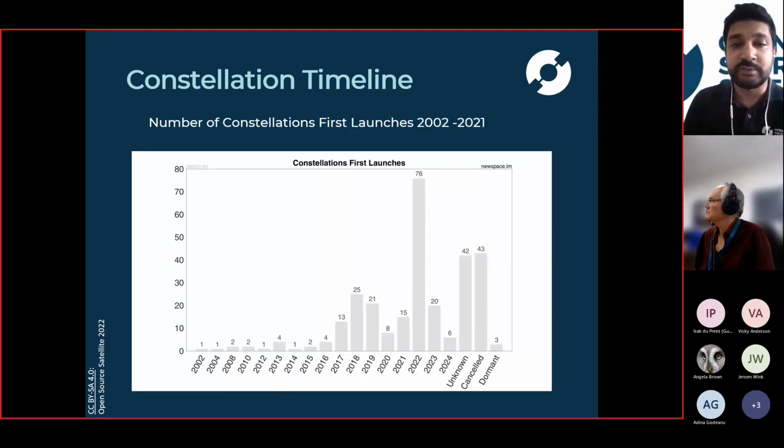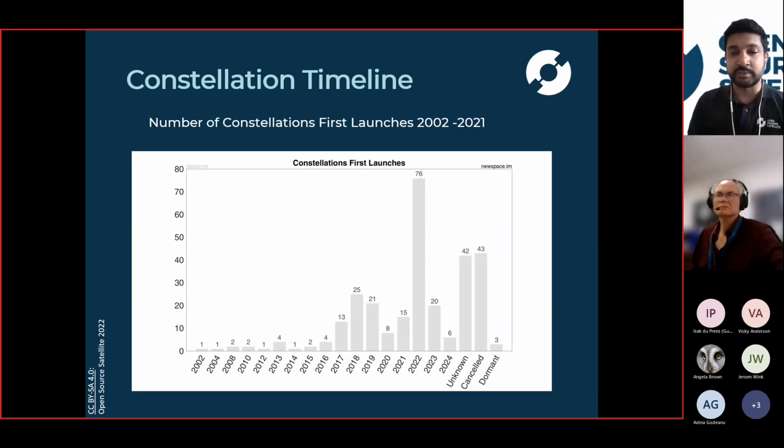As you can see from this graph, the number of constellations has grown almost exponentially, starting to peak from around 2017 to 2018, with a slight dip accounting for COVID and how that affected certain launches. It came back quite strongly with 76 launches just this year, and planned launches for the following few years.